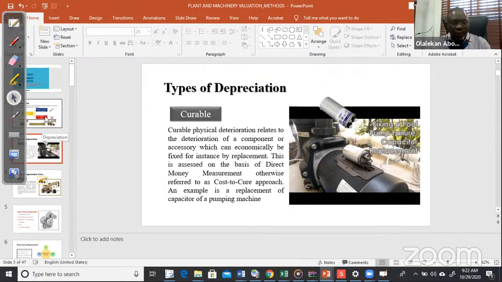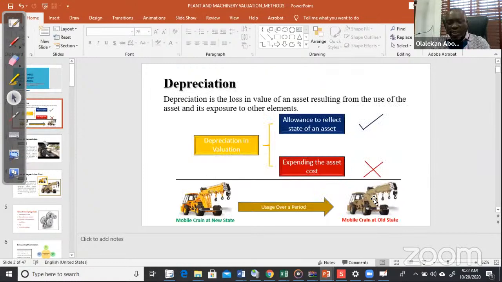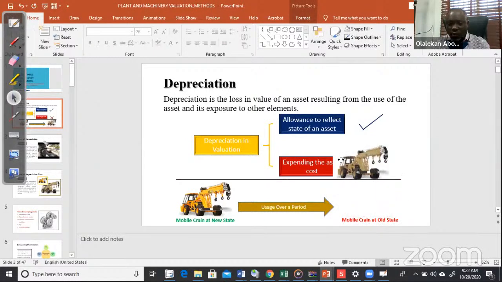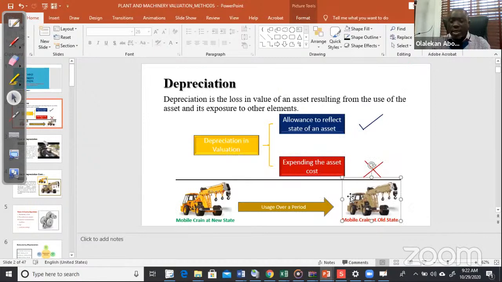Let me go back to that first slide. If you see this equipment, this mobile crane that I'm moving, it is old. Part of what you can see is that it has even lost its color. A lot of other things are deteriorated.